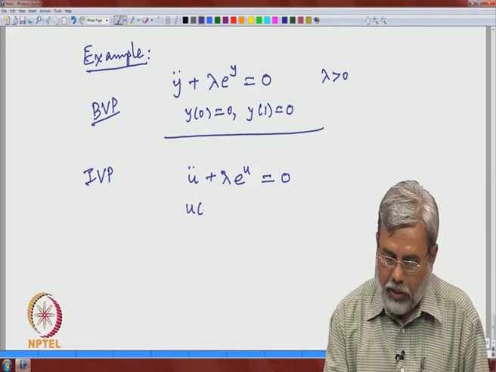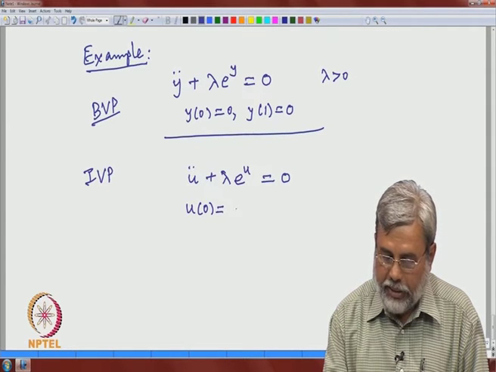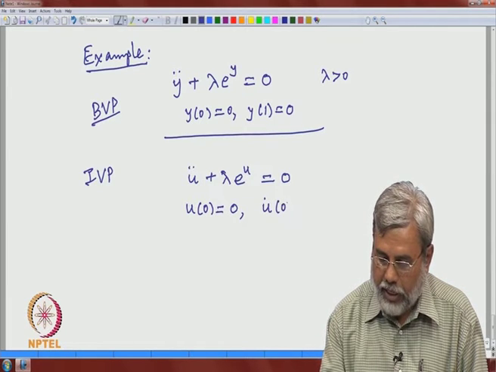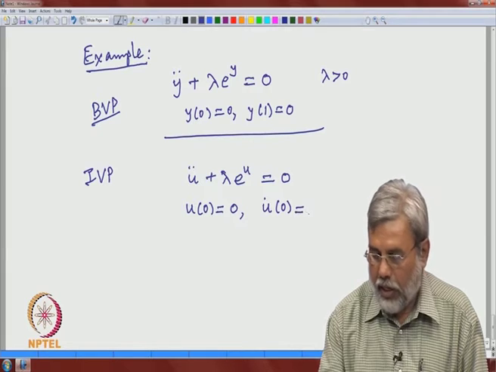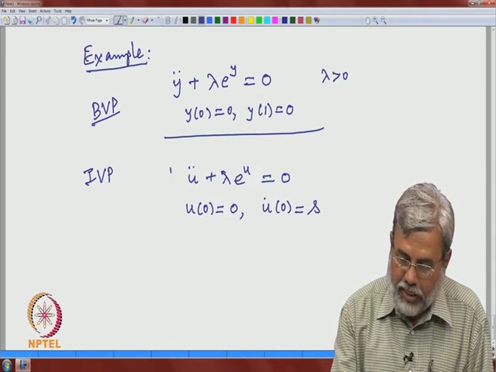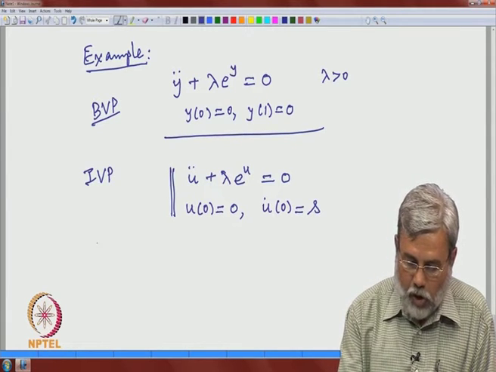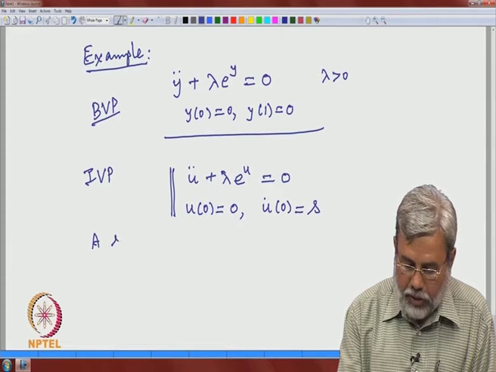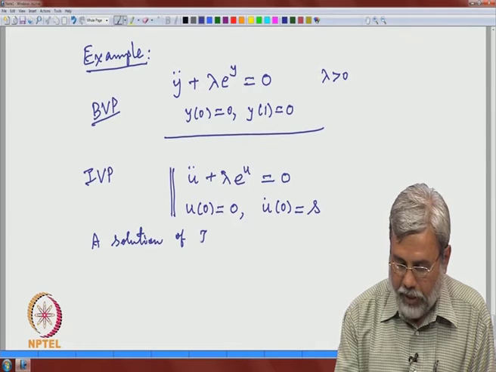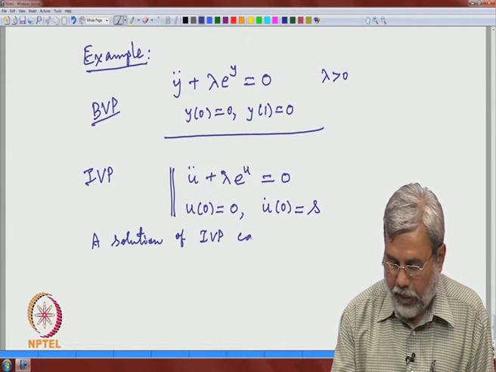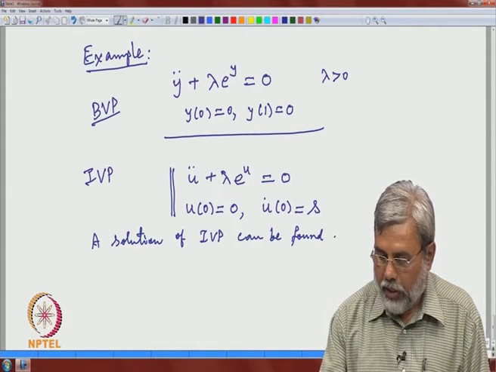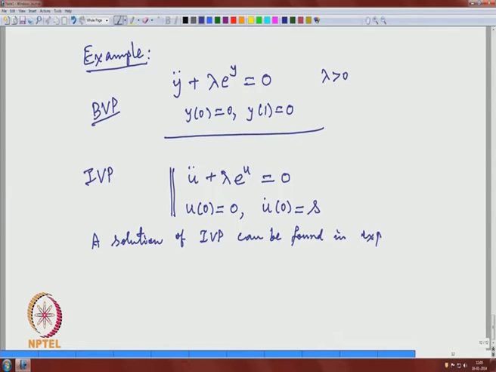You put one initial condition, the same as before, and now for the independent initial condition I put a parameter S. Last time I mentioned that a solution of the IVP can be found in explicit form. So, do it.